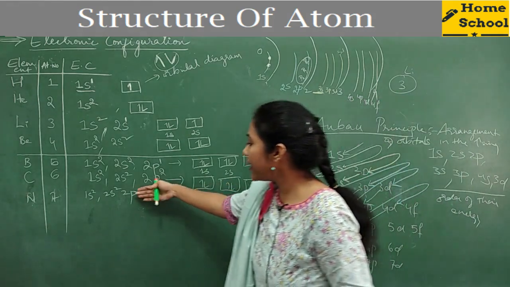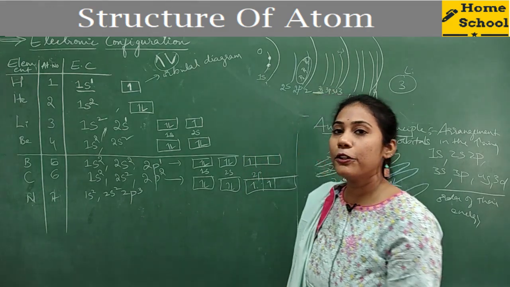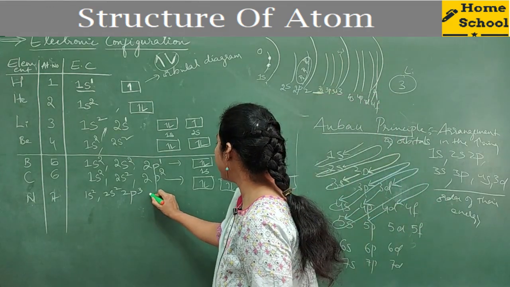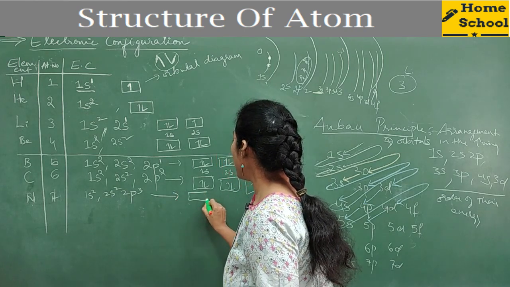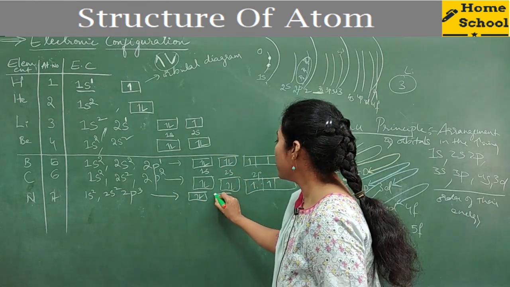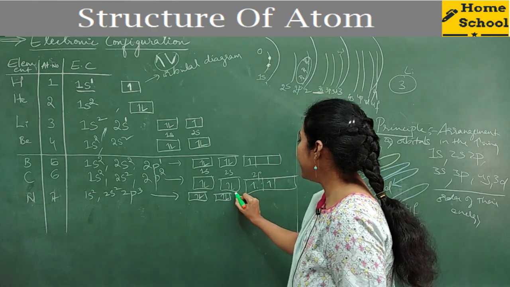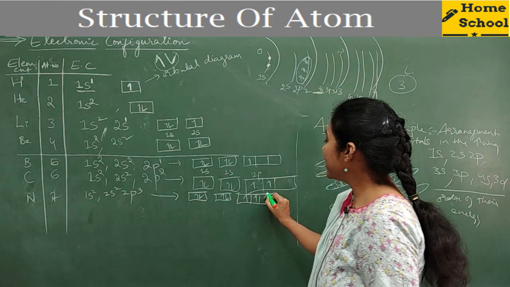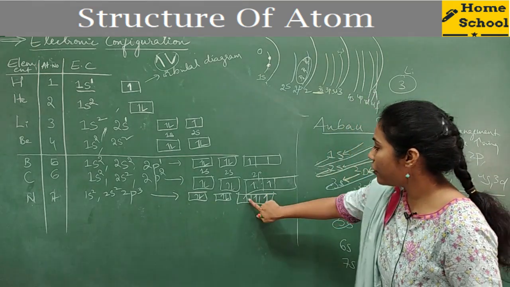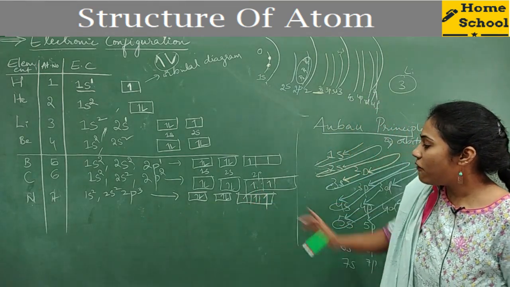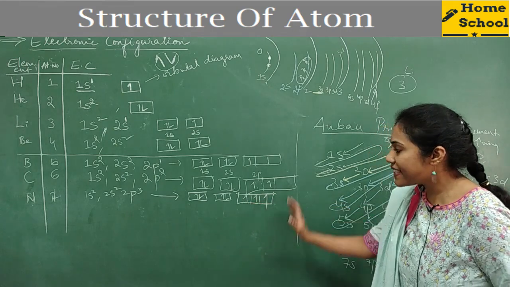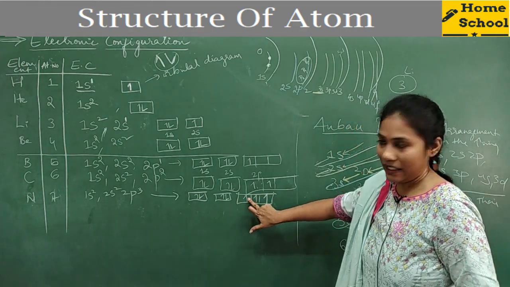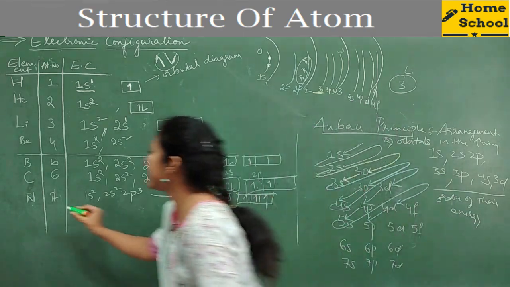So for the orbital diagram: 1 box with 2 electrons for 1s, 1 box for 2s, and 2p has 3 boxes. You are not supposed to pair up here. Once each orbital is singly filled, then for the 4th electron you have to show the pairing, like I'll show in the next element.